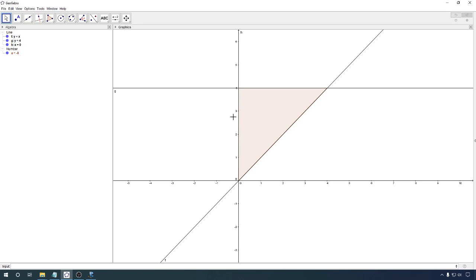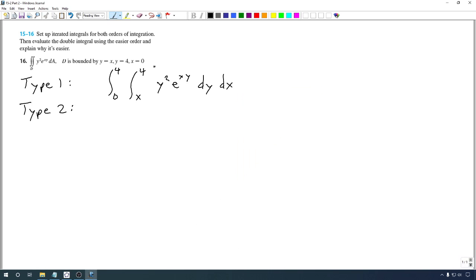So we're going from 0 to y. Of course, our y values are going from 0 to 4, and those are going to be our outside limits. So this time our integral is 0 to 4, 0 to y of the same function. And regardless of which one we do, these should give us the same answer at the end.